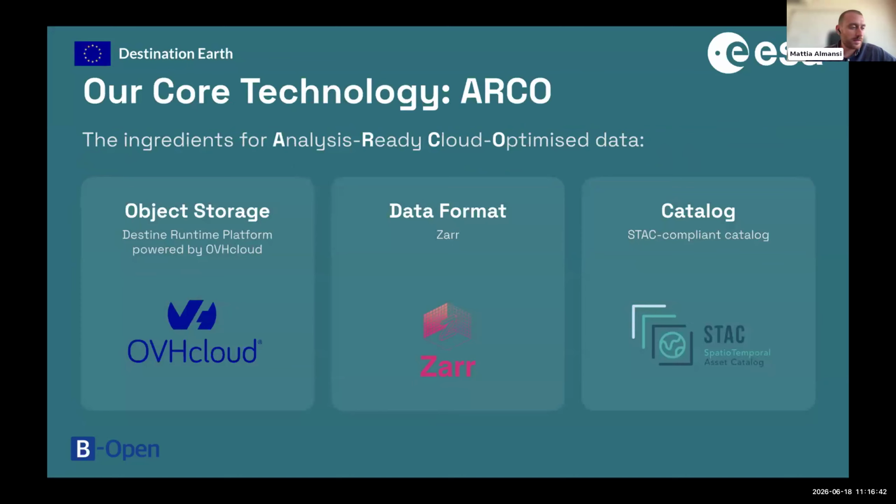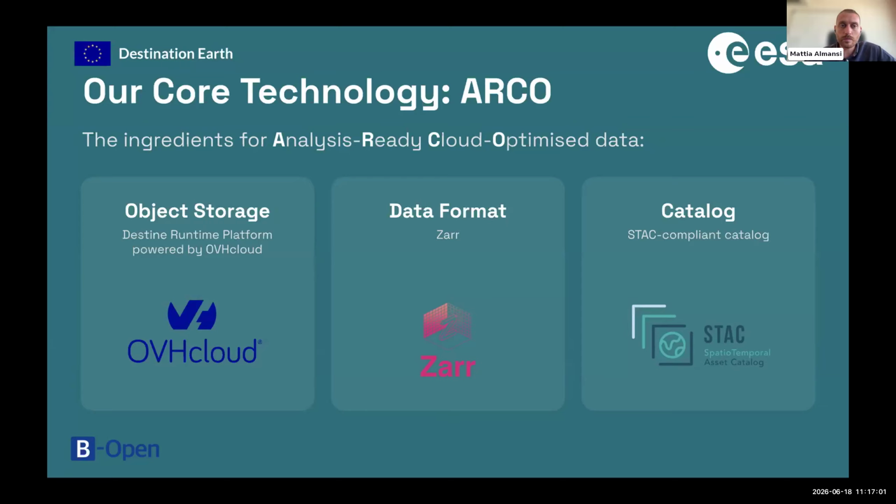I have seen from the feedback before that many of you are not familiar with ARCO. This is the main technology behind our service. It's an acronym that has been quite used in the past 5 to 10 years, and it means Analysis Ready Cloud Optimized Data.